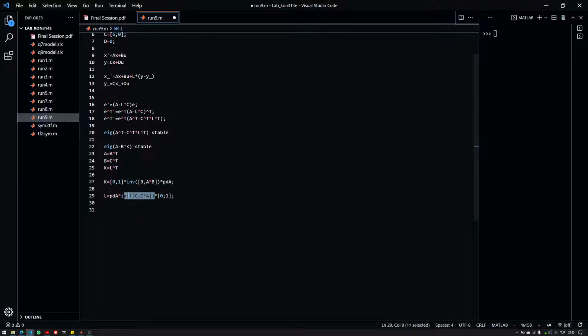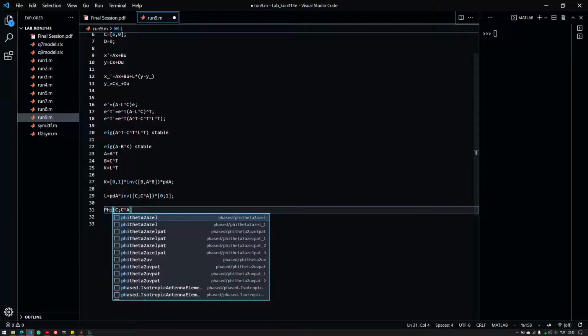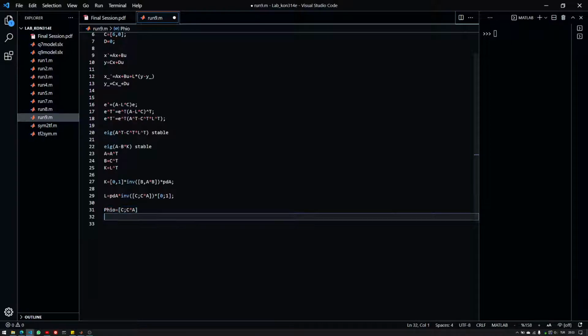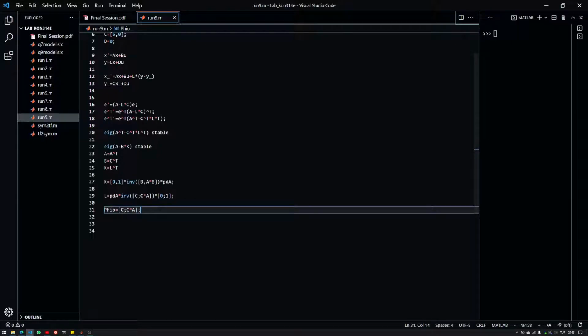And then you will have a special definition where we look at C and CA, which is the observability matrix, phi O. As usual, this determines the observability of the system, so you have to look at A and C, and if you can acquire all the states using the output is determined by the observability here.